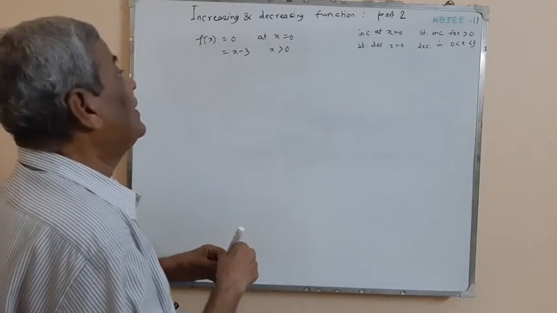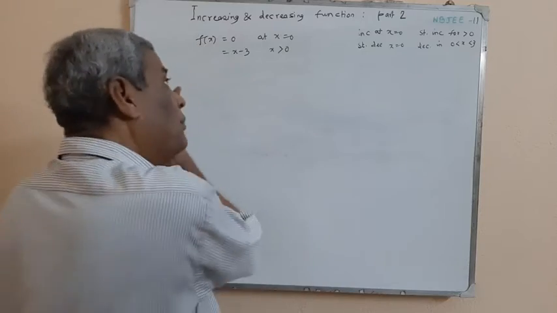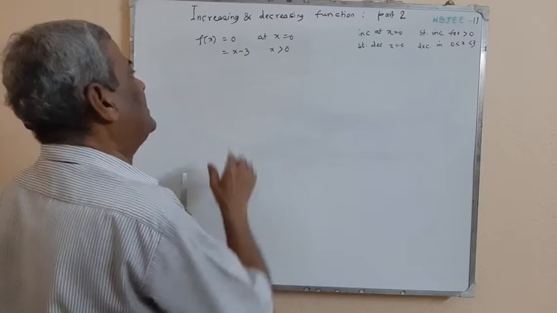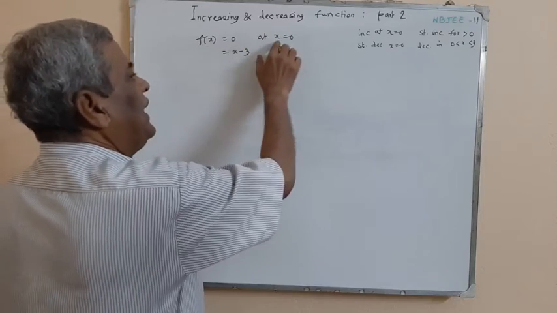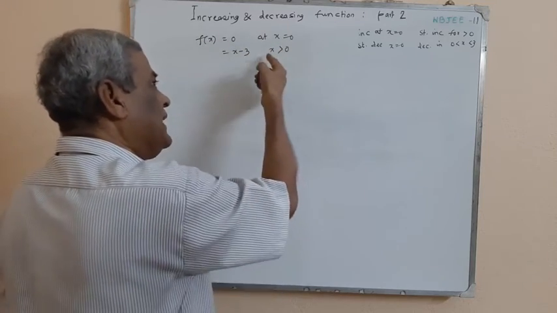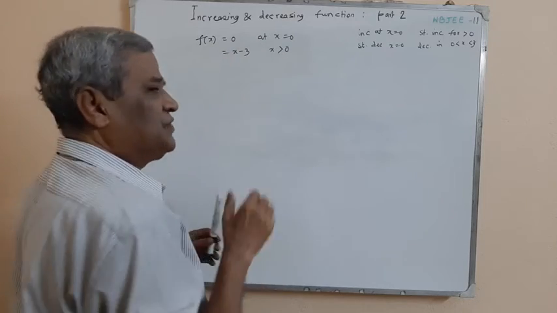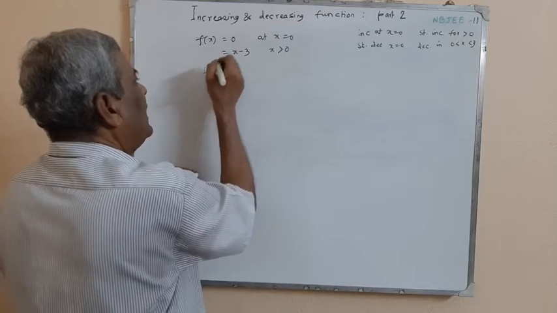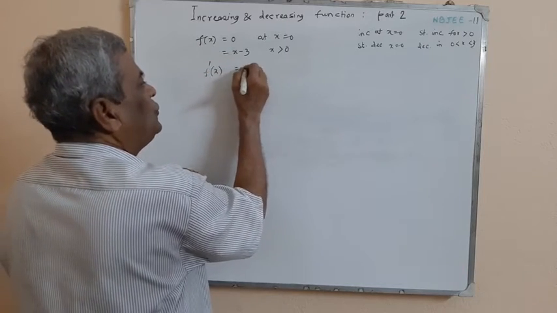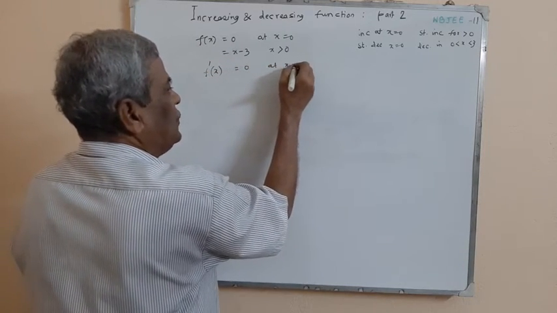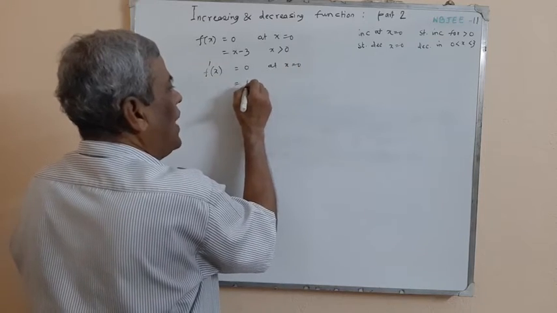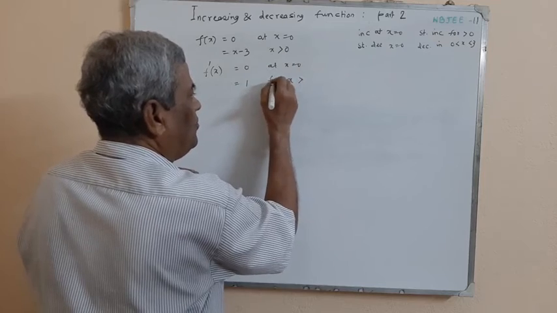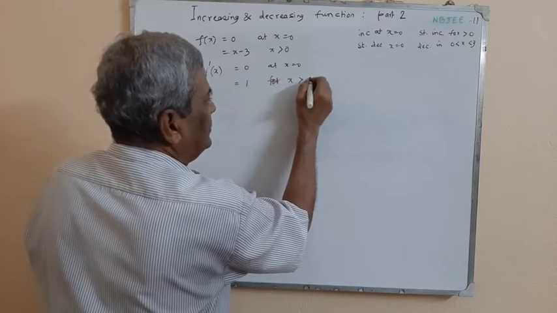Now, in that problem, the function is given for two intervals: f(x) is equal to 0 at x is equal to 0, and when x is greater than 0, it is x minus 3. So f dash x is equal to 0 at x is equal to 0, and is equal to 1 for x greater than 0.